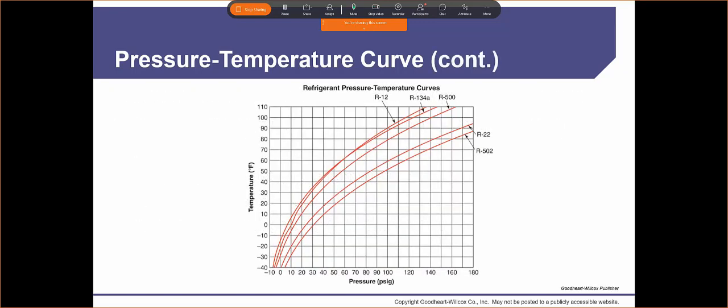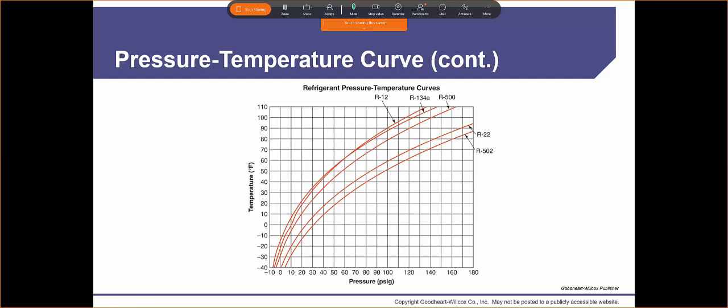So we have a pressure temperature curve right here. Basically, if we're going to take R22 and go down to about 70 degrees, I know my pressure is going to be 120. Remember earlier I was talking about how to know the difference between a 410A system and an R22 system?